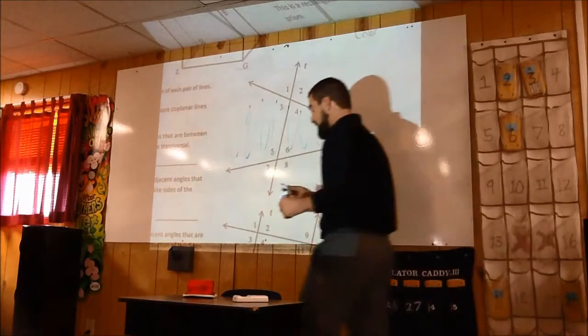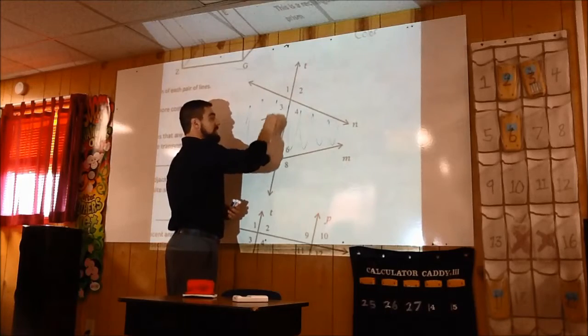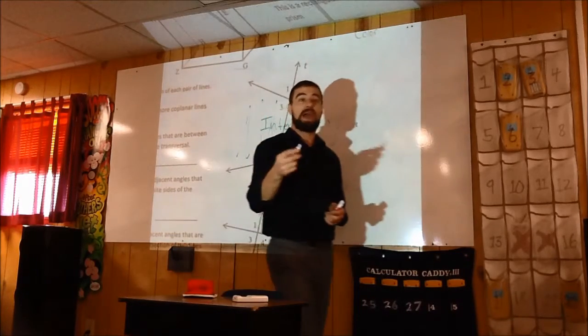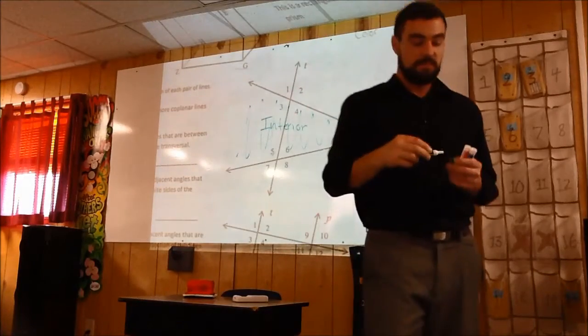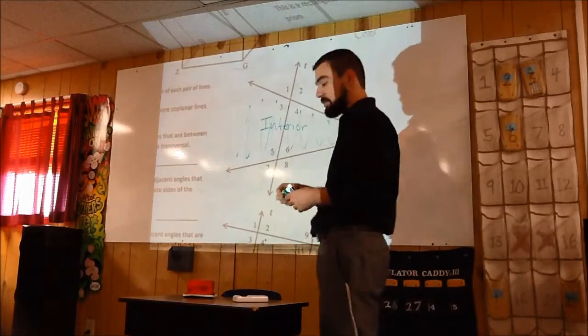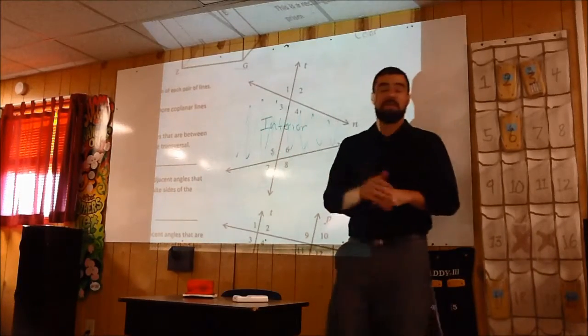This is the interior. So now, take that same color and write boldly "interior." If you're coloring with yellow, then write with pencil, like with your actual lead pencil, number 2 pencil. But this space, we're going to refer to as the interior.